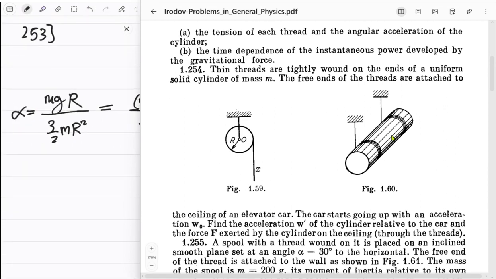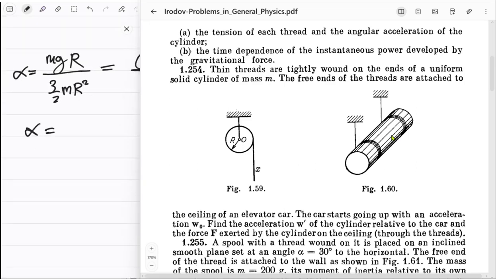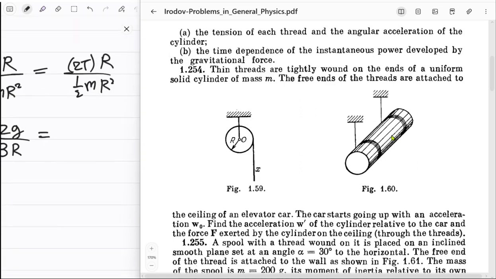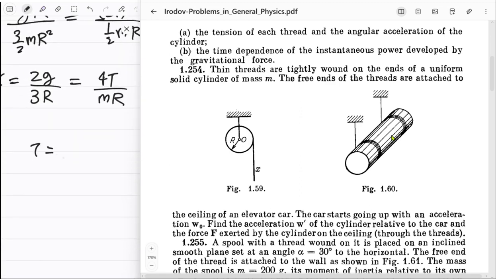Perfect. Okay, so some stuff cancels out, but first of all, just simplify this thing. So you got that cancels, like g, okay, 2g upon 3r, I think. And that's equal to 4t upon mr, right? Yeah. And then just equate, like t is equal to, that goes over there.